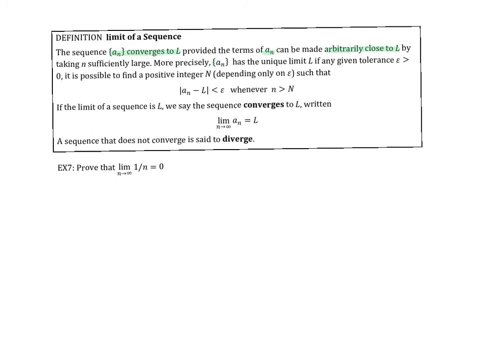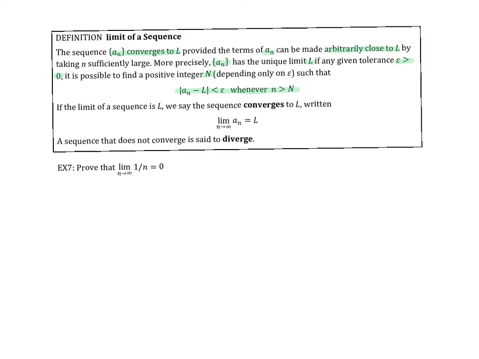Precisely, the sequence has a unique limit L if we can find some epsilon greater than 0 and a positive integer N, so you could think of this N as being a number that you can bound your terms by, such that the absolute value of a sub n minus L is less than epsilon whenever your index n is greater than the number N that we find.